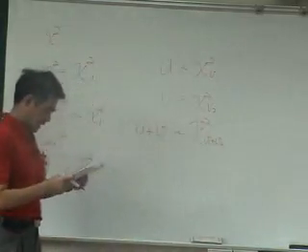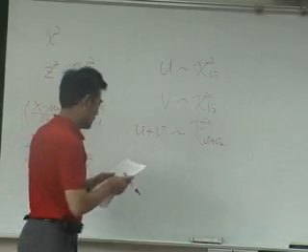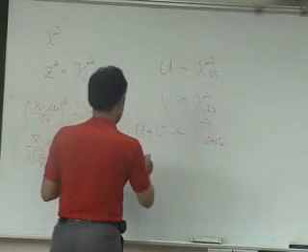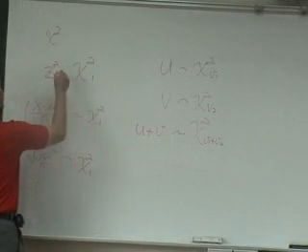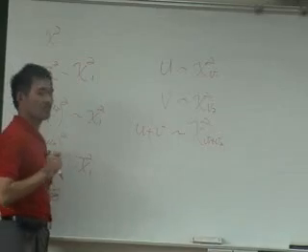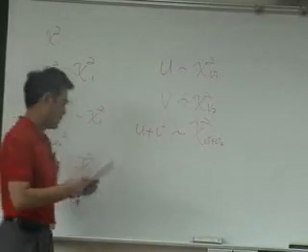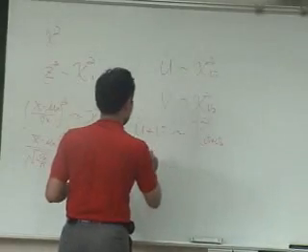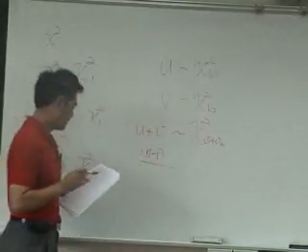Last time we showed this property, so we already know this is true. A standard normal squared is a chi-square distribution with degrees of freedom 1. Check your notes, we showed this last time.